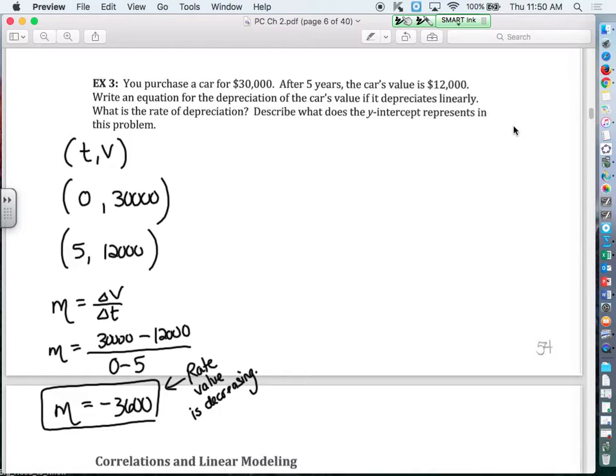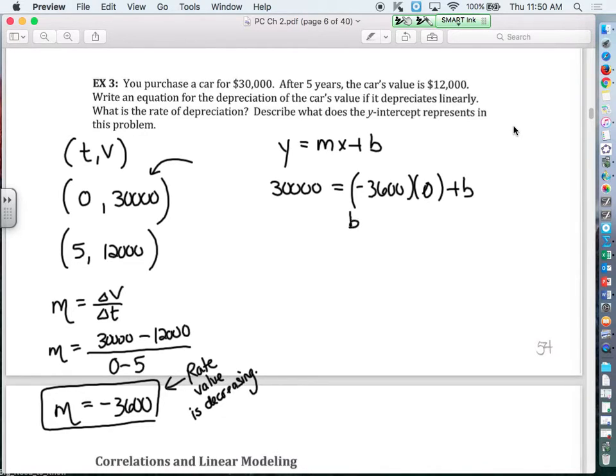And it says write the equation. So if you want y equals mx plus b again, we can do that. Pick one of your 2 points. I would probably pick this first one. You're going to see you actually already have the y-intercept. So 30,000 equals the slope of negative 3,600 times your x value, which is 0, plus b.